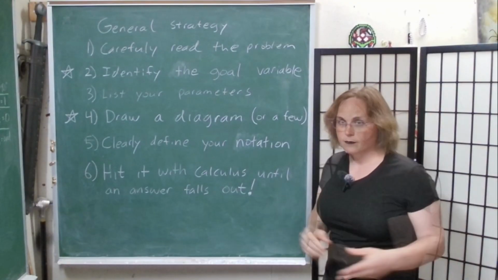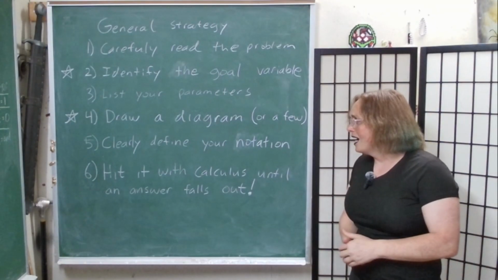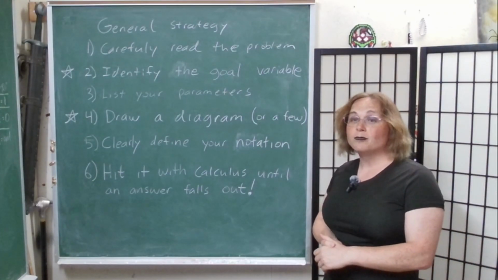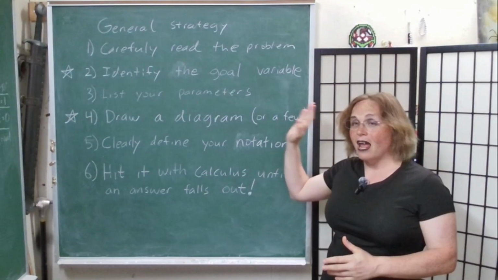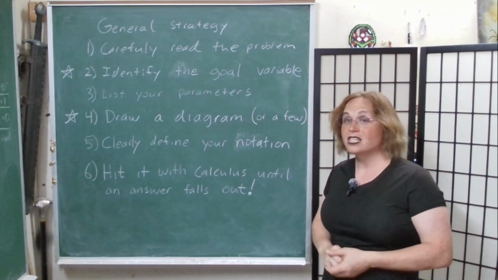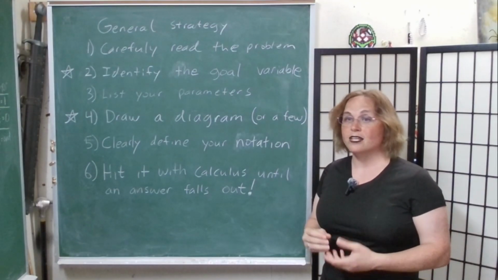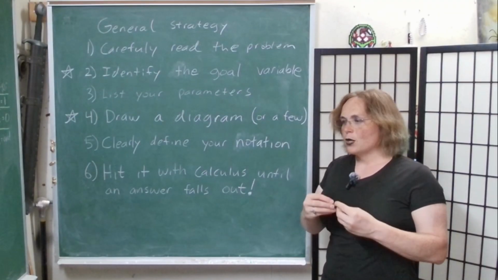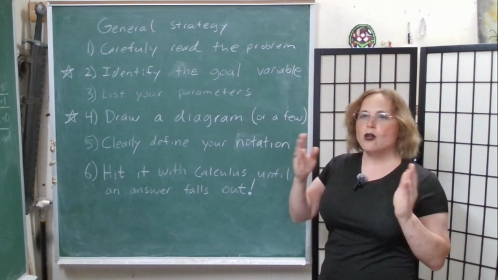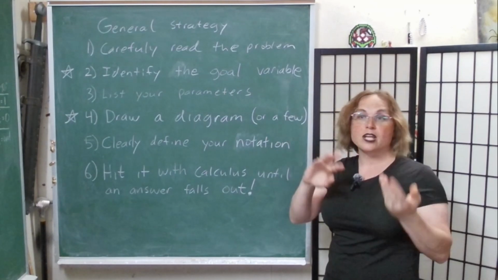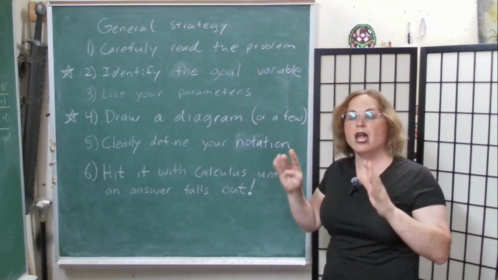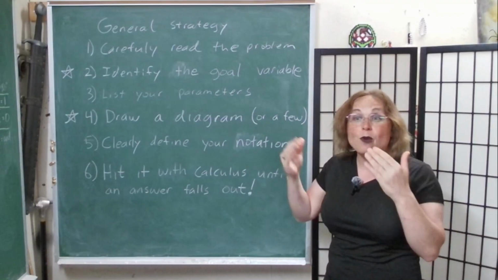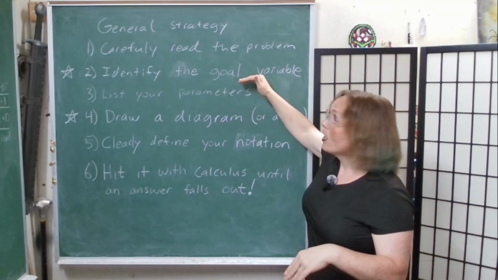And then this last one, it might seem like a meme when I say hit it with calculus until the answer falls out, but ultimately what this means is that after you've got everything set up and you start writing out equations, you're just going to have to try things, see what works, write some stuff out, try doing some derivatives, try putting equations into other equations, shifting things around, and trying to almost work backwards from what our goal is.